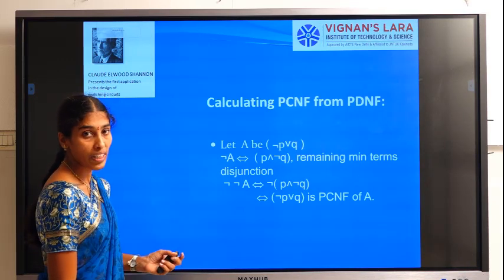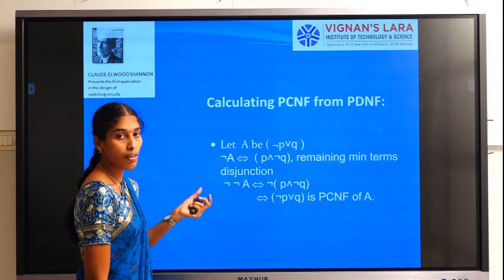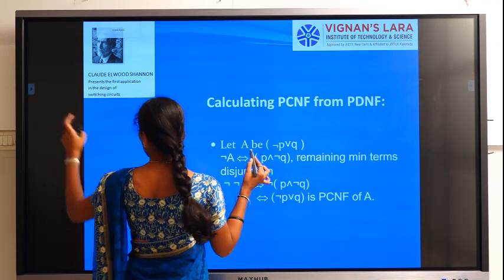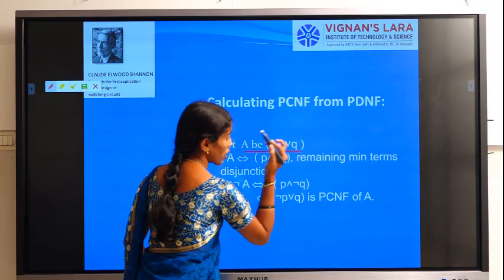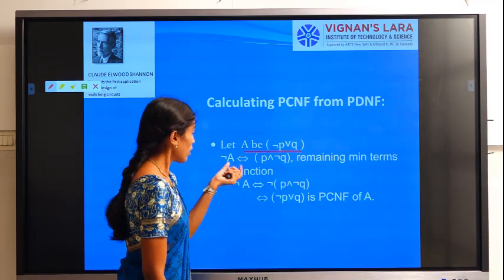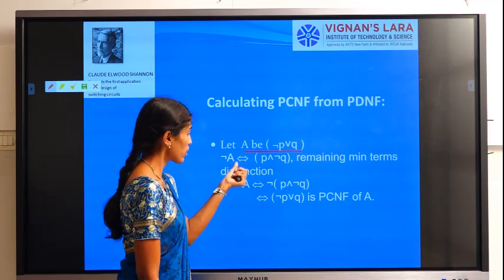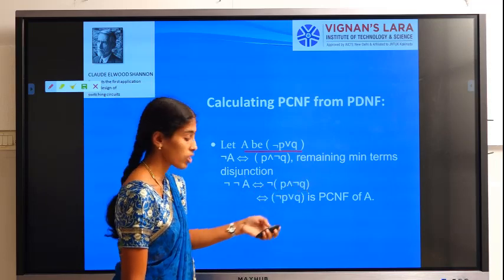Next, we already calculated the PDNF. Then using that PDNF, we find the PCNF value. So let A be the given proposition negation P or Q. Now we need to write negation of A, which is equivalent to the disjunction of the remaining min terms.